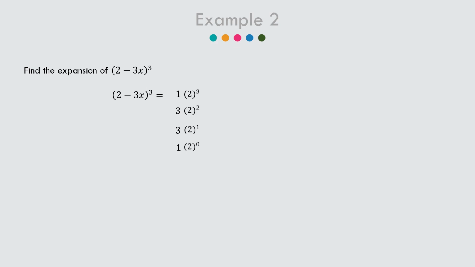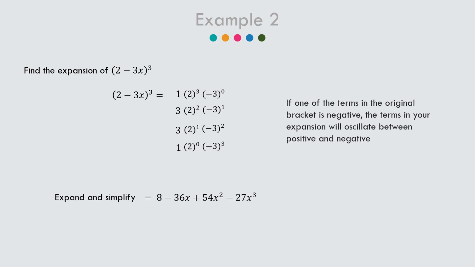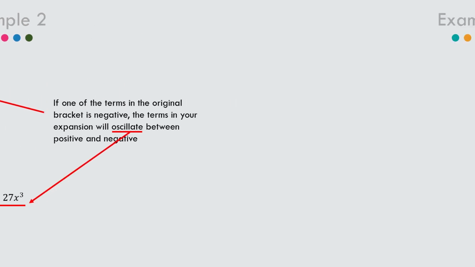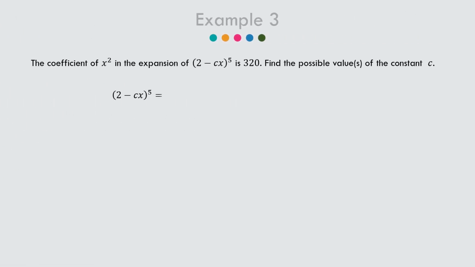Then we take our value for b, which is minus 3x, the second value in our brackets, and write that in ascending powers. Then all we have to do is multiply across the rows to find the terms in our expansion. Notice, if one of the terms in the original bracket is negative, the terms in the expansion will oscillate between positive and negative.